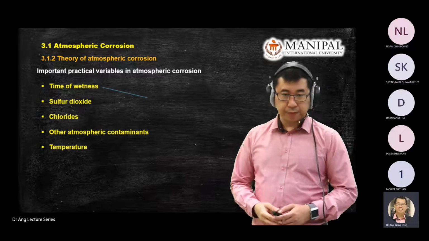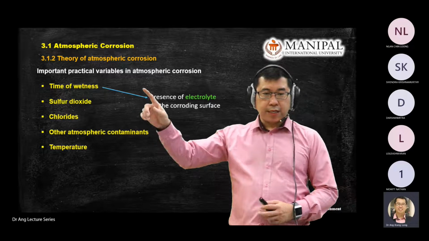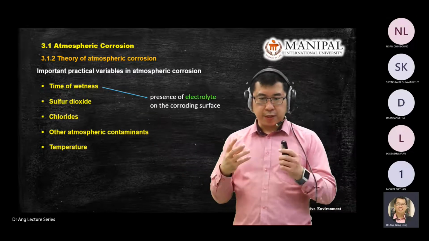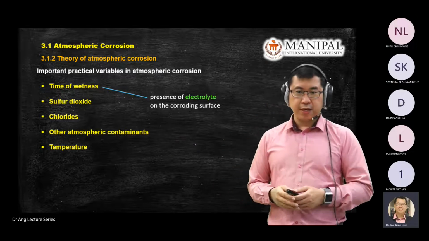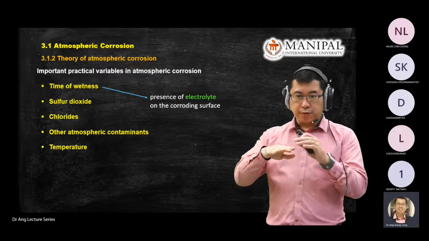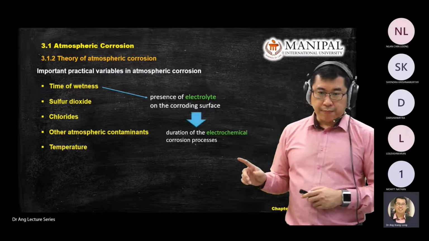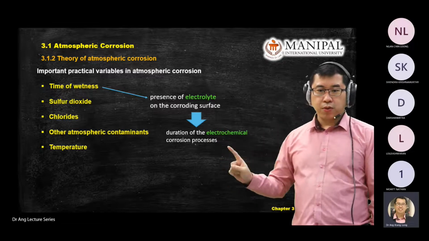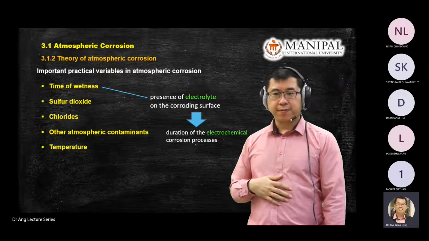Okay. So the more time you are exposed to humidity, especially at the critical humidity level, the electrolyte will be formed on the surface of the metals. Then the electrolyte layer will control the electrochemical process. Okay.